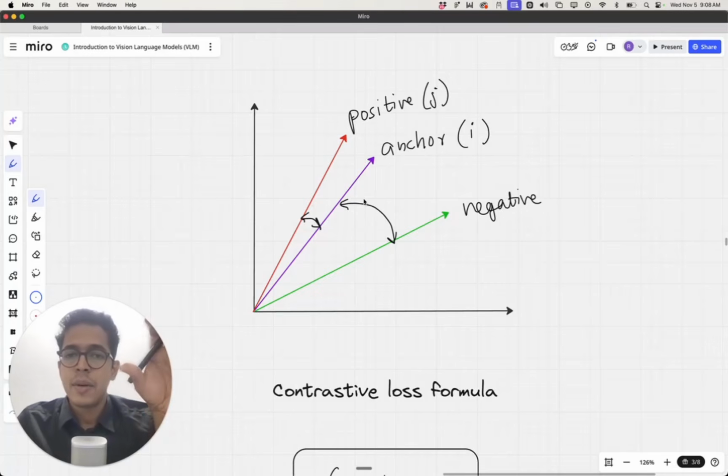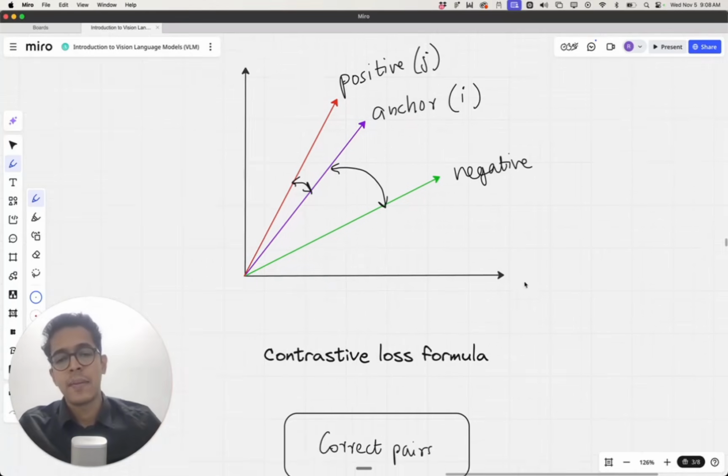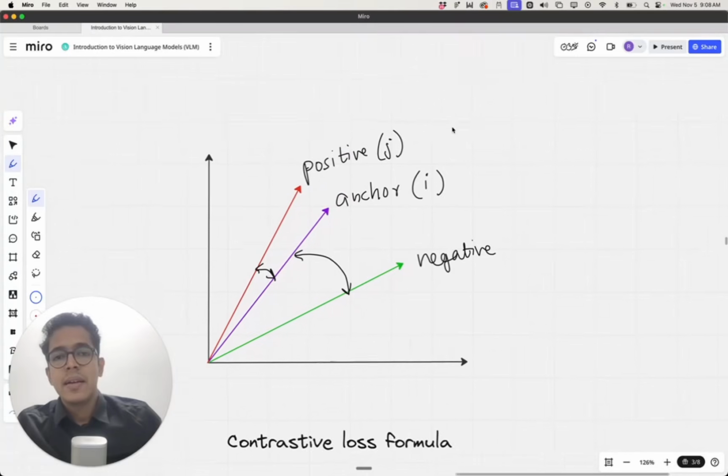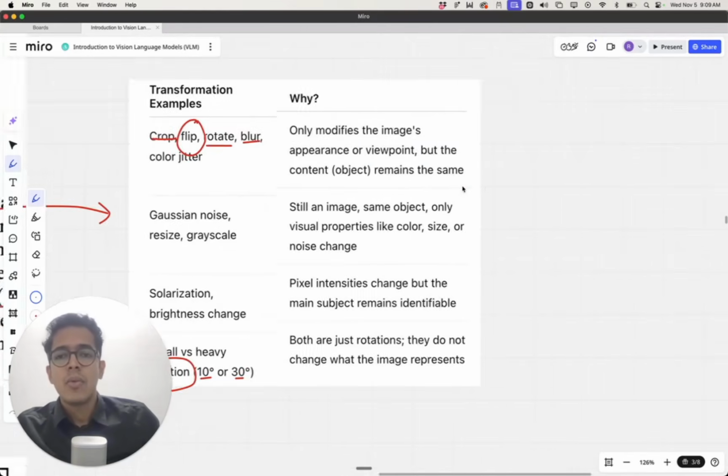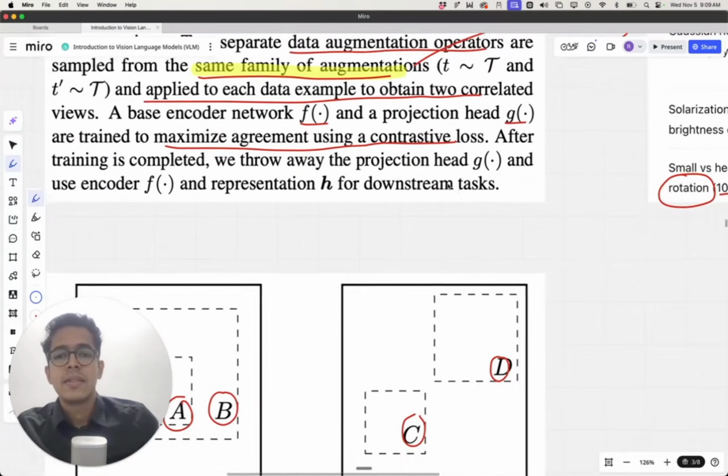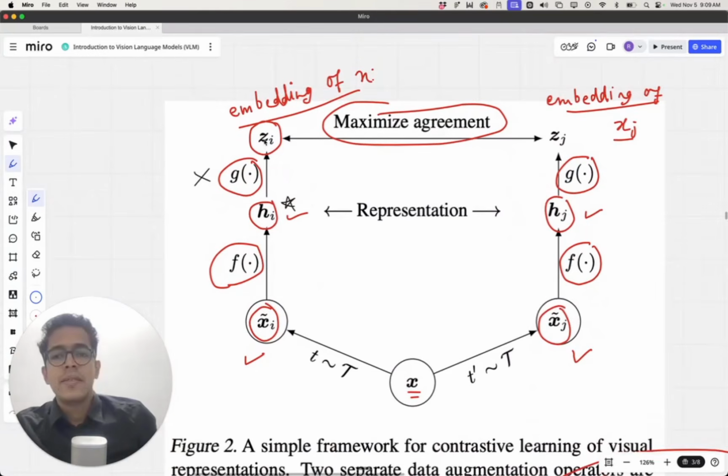So let's see from the perspective of a positive pair, how can we construct this mathematically? Now look at three vectors here. This vector we can call Zj. Zj is any other vector in your data, and Zi, let's call it the anchor. We are using Zi as the symbol for embedding.